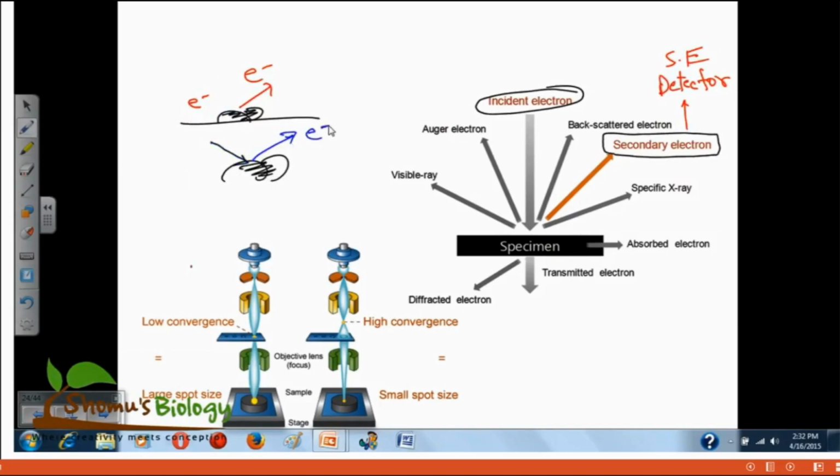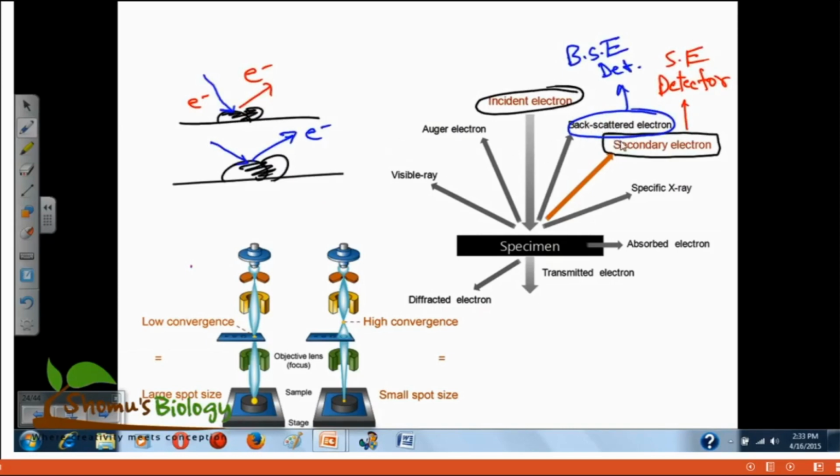It is just the reflection. No other electron from the specimen is coming. The electron which is coming in is going out. That is called a backscattered electron. So these are the backscattered electrons, and there is a backscattered electron detector to detect them. These are among the most vital detections.